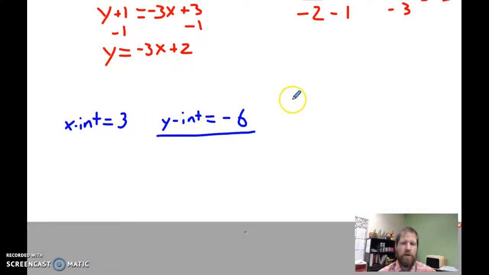Go into your slope formula. I don't need to rewrite it. So this point, the y-intercept, is 0, negative 6, and this point is 0, 3.